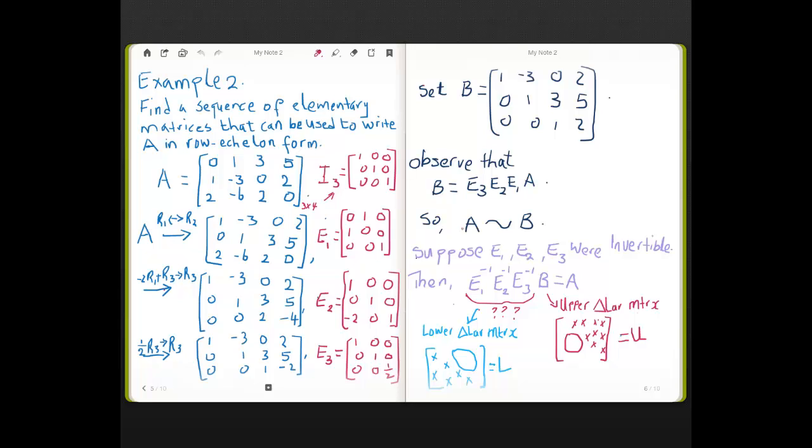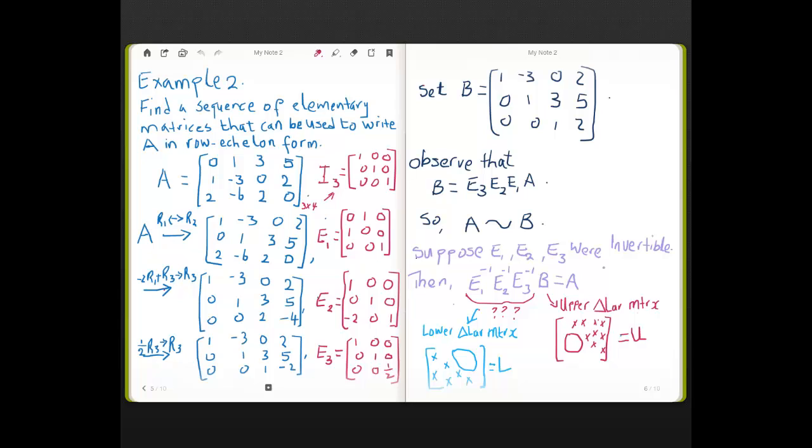So we say that A is row equivalent to B, or B is row equivalent to A, because I can go from A to B through simple row operations.